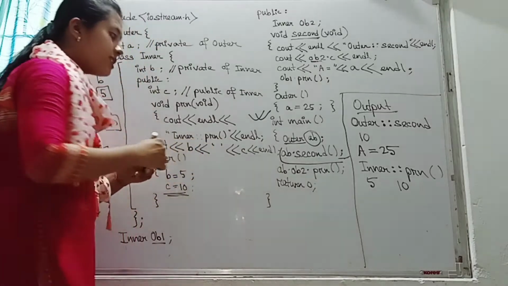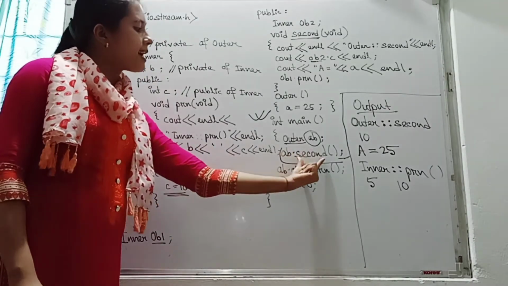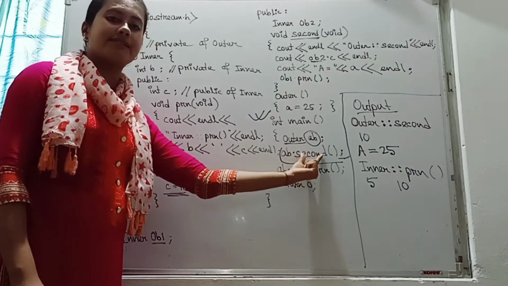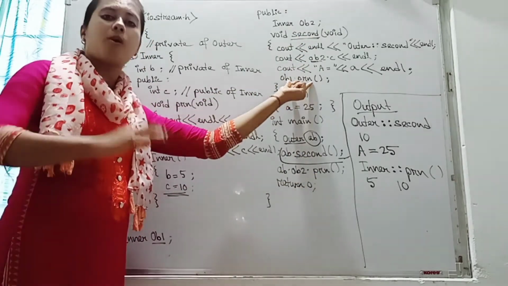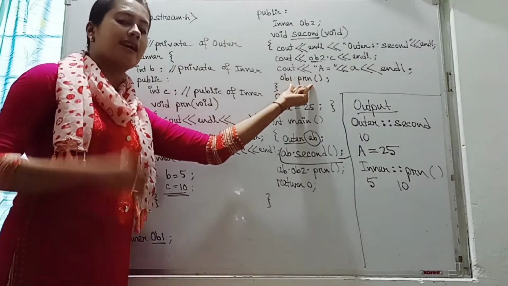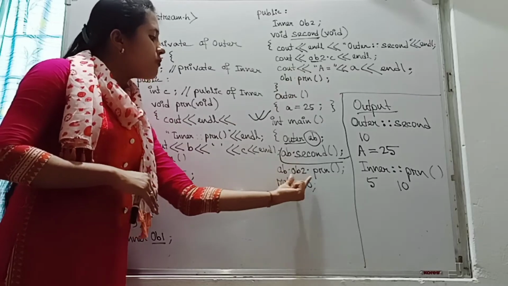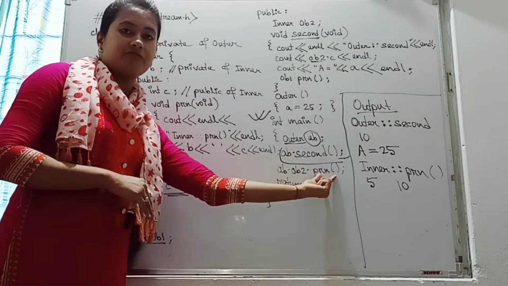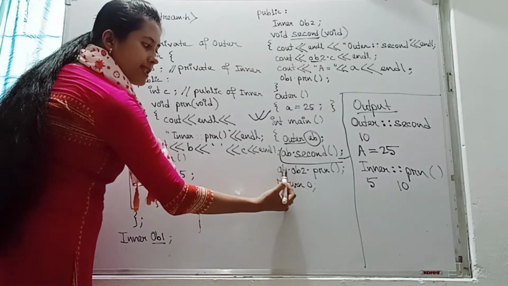In the next line it is ab.ob2.prn. First we directly accessed this second function, and inside this second function we have this object 1, which has accessed the prn function. Now we have to access the prn function using the second object. So how will we use this second object?